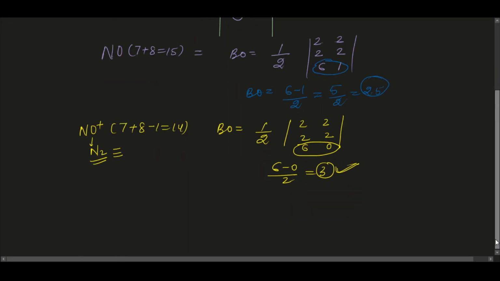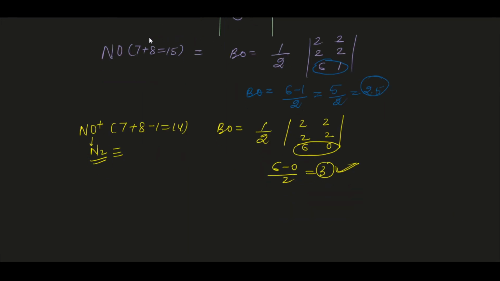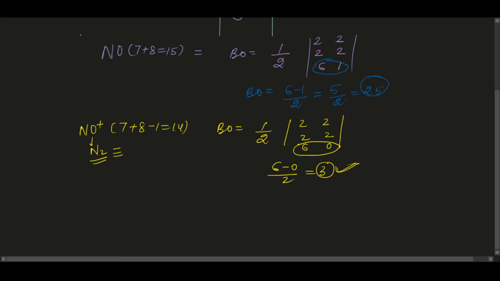Let's take one more example. The next example will be NO 2 plus. So NO 2 plus will have how many electrons? 7 plus 8 minus 2, that is 13 electrons.